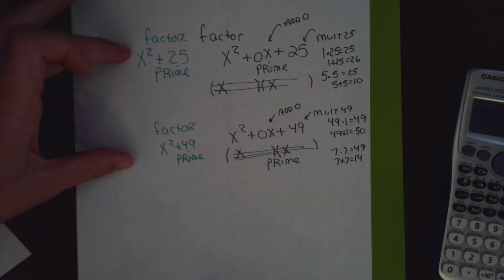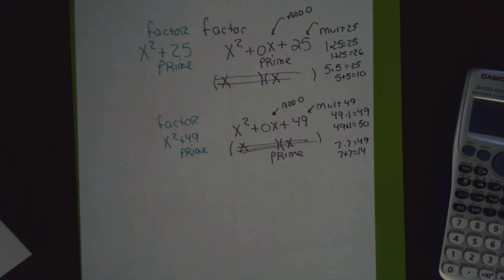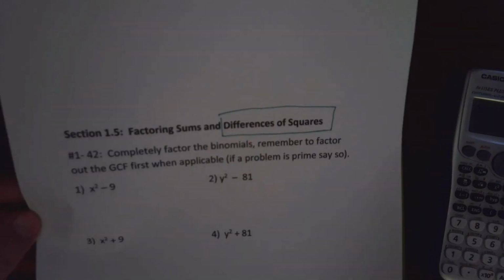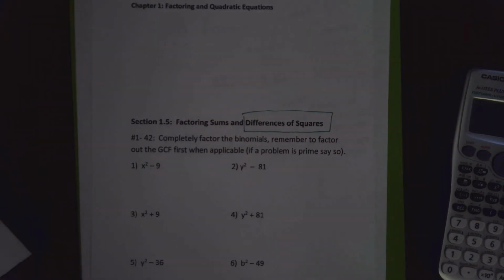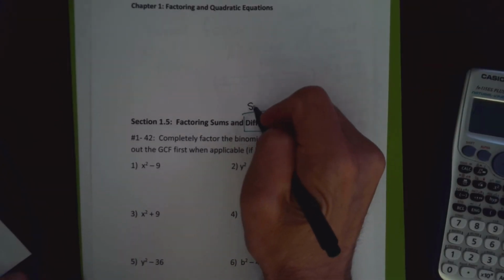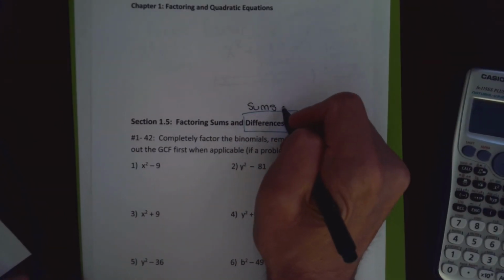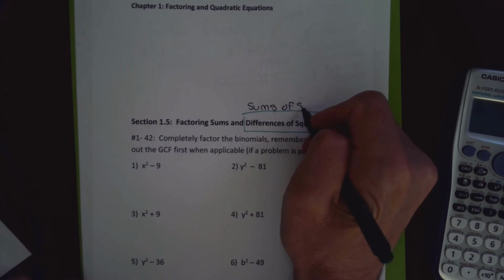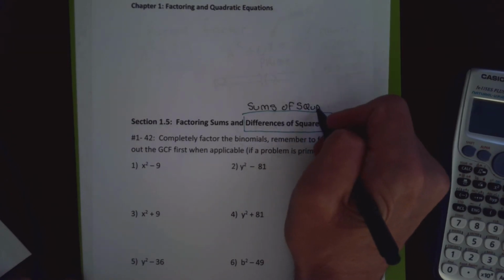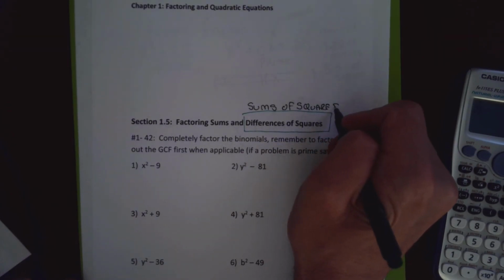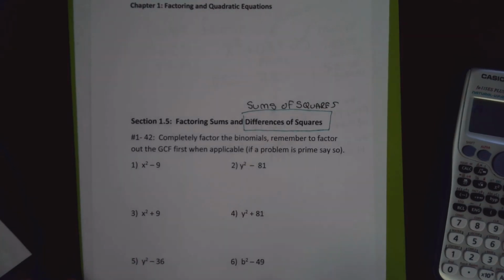These two problems, the versions of the problems that only have two terms, that's the other kind of problem that we get in this section. In section 1.5, we get difference of squares, and we get sums of squares. We did differences of squares. I kind of wrote what makes something a difference of squares on the other sheet of paper.